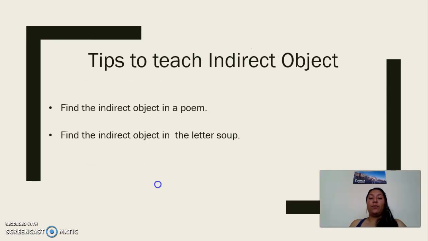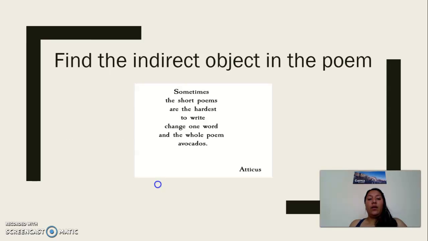Here we have some tips to teach the indirect object. One tip is to find the indirect object in a poem, and another tip is to find the indirect object in a letter soup. Here we have some phrases of the poem. Sometimes the short poems are the hardest to write, change one word and the whole poem avocados. Whole poem is the indirect object because it answers the question what.